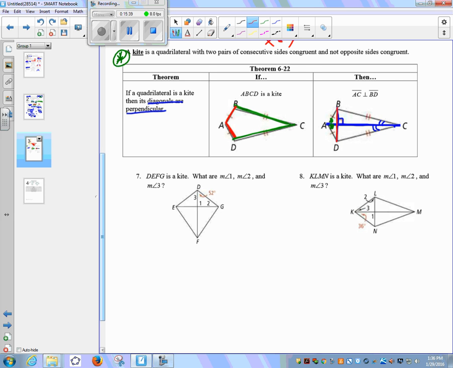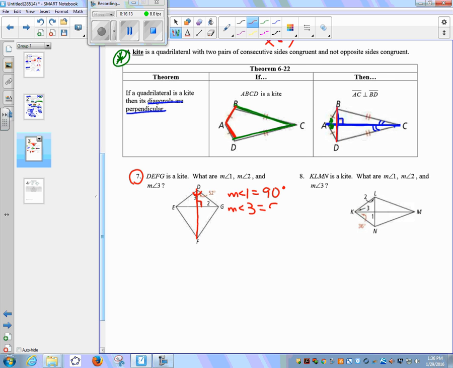When you get to a problem like number 7 here, what's the measure of angle 1, 2, and 3? Well, angle 1 is a right angle because diagonals are perpendicular. That you should know. Measure of angle 3 is going to match the other one because that one diagonal cuts the two opposite angles in half.